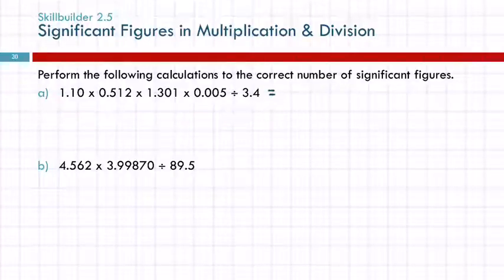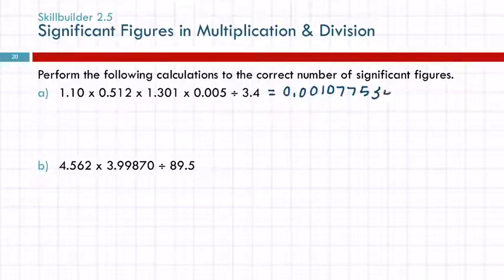I recommend just writing down everything your calculator gives you. So I'm getting 0.001077534. Did anybody else get that result? 0.001077534. Okay, if you got a 1 at the end, that maybe means your calculator will show more digits.